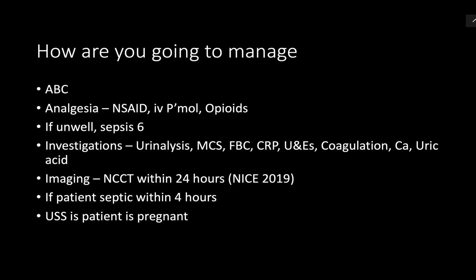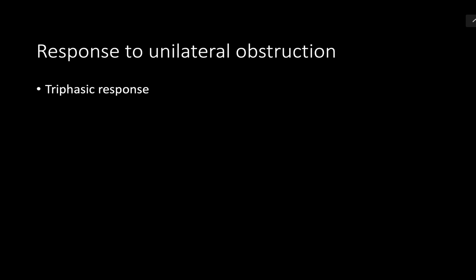I will arrange blood tests in the form of a full blood count, CRP, urea and electrolytes, and a serum calcium and uric acid, as well as a clotting screen. And I'll also ensure that the patient has had adequate analgesia administered, with my preferred choice being 100 milligram PR diclofenac suppository, provided that there are no contraindications. And it'll depend on the patient's current clinical status as to what the next exact management will be.